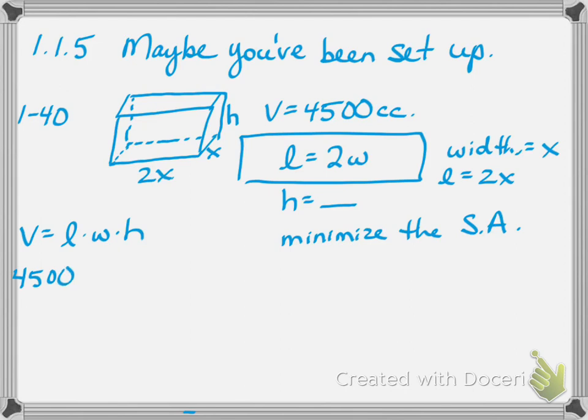I'm going to drop my units for now. We know length is 2x. We know width is x, but we don't know height. So let's simplify that just a little bit. When we multiplied those like bases, those x's, we added their exponents.